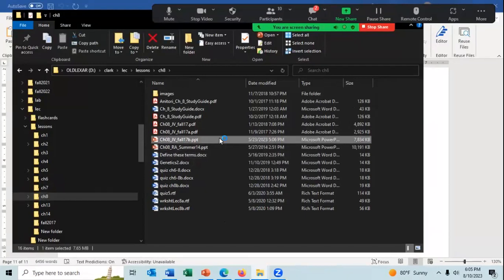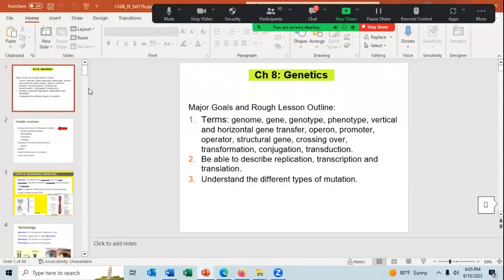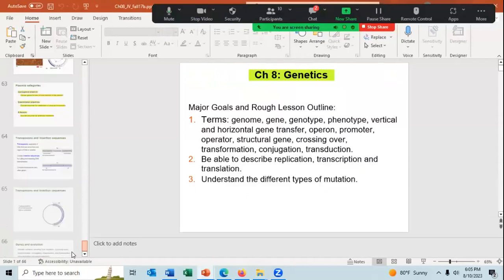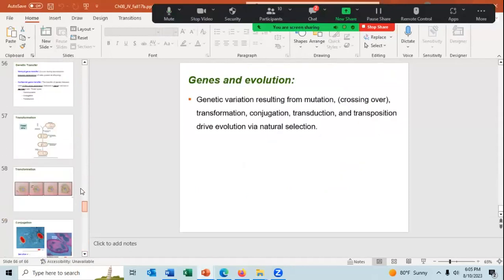I've got two files here. I'm assuming it's the more recent one, but let's take a look and see if that has all of them in there. Yep, that has all of them.